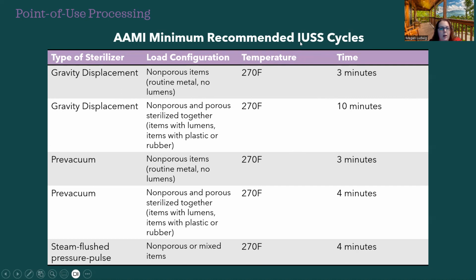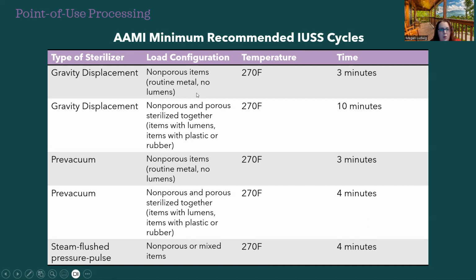So even though they're all IUSSs, it might be a gravity displacement steam sterilizer, a pre-vacuum, or a steam flushed pressure pulse. A lot of them, at least in my area, are pre-vacuum. I would say gravity and pre-vacuum are probably the two most common, and steam flushed is probably not quite as common. So just be careful that you pay attention to what you have, okay?